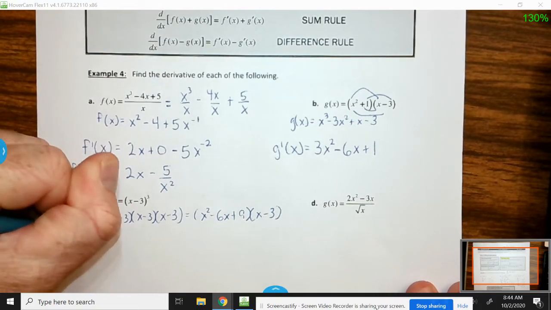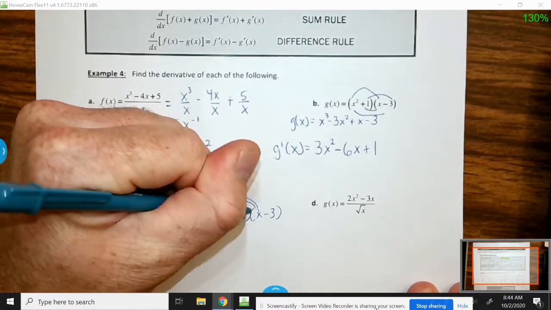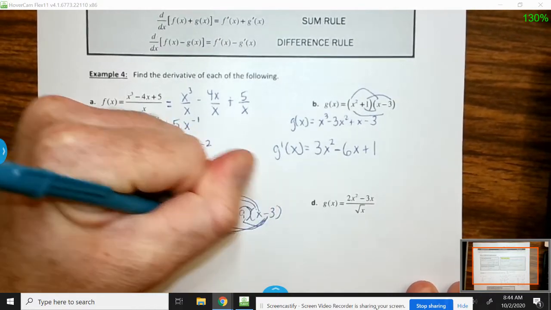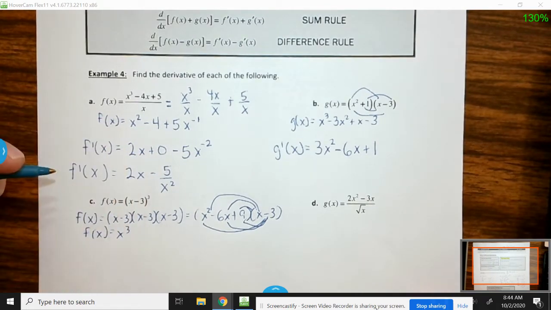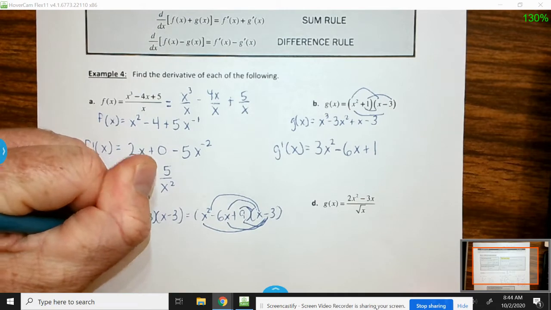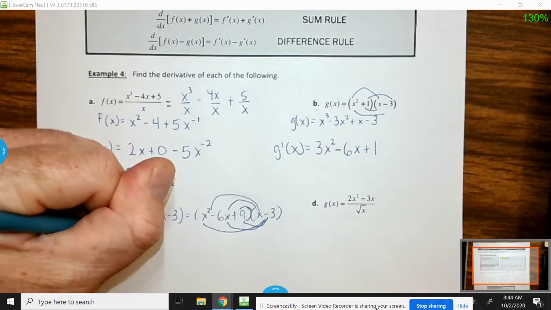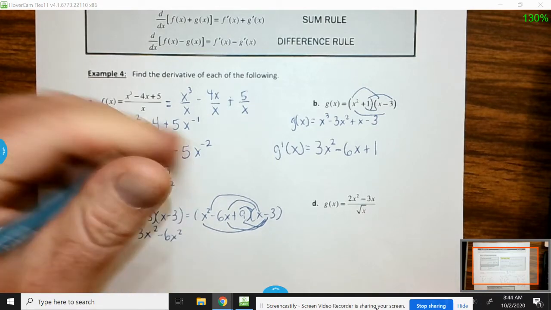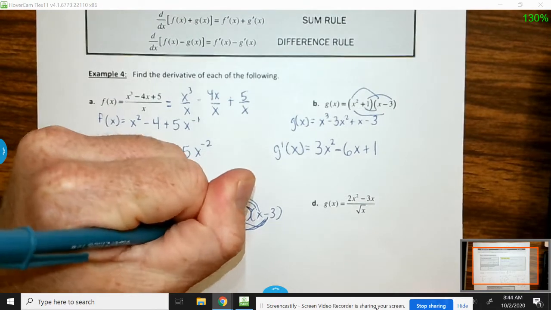So then I would have to FOIL everything, right? I would have to multiply x times this, negative 3 times this, right? That would give me x cubed minus 3x squared, right? I'm kind of doing those two together. Then negative 6x squared and 18x, then 9x and negative 27.